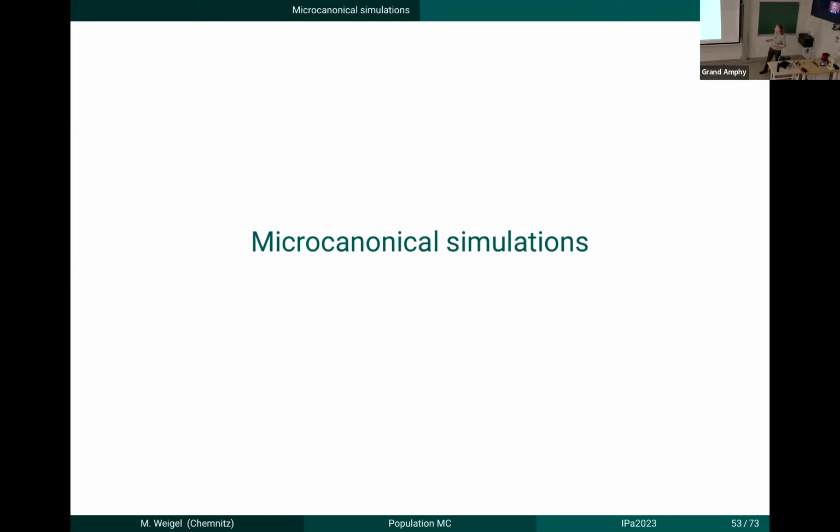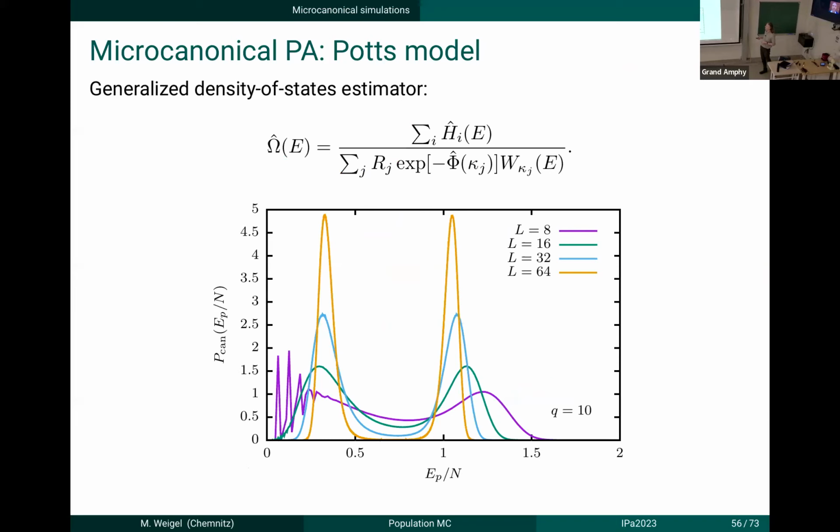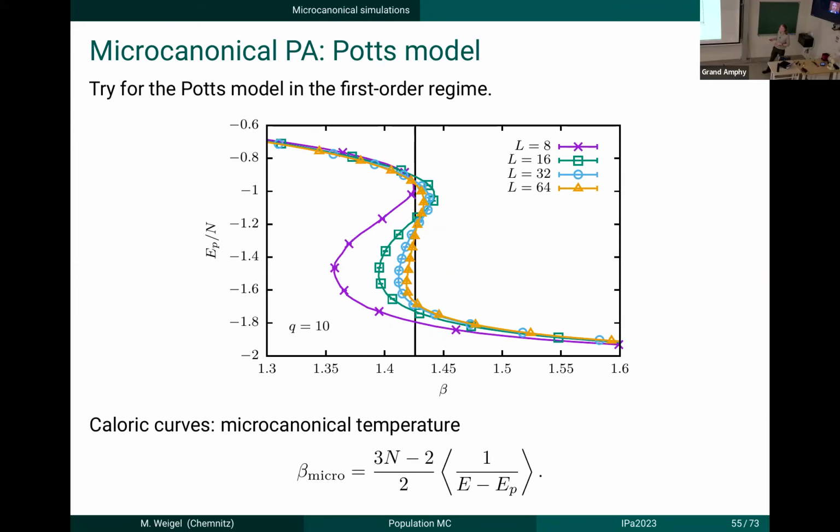Okay, I don't have time to talk about microcanonical simulations, but this is a little bit interesting for what you mentioned about first order transitions. If you do it in the canonical ensemble, it's not a good approach, like parallel tempering isn't for first order transitions, but you can do it microcanonically, and then you essentially have an energy lid that you sweep through the system instead of having a fixed temperature that you tune.